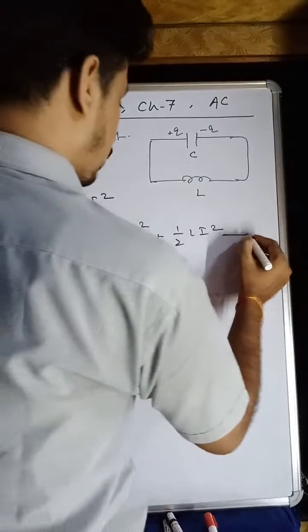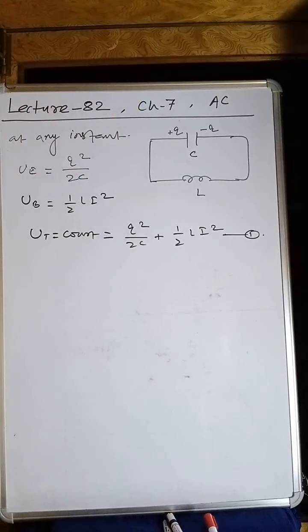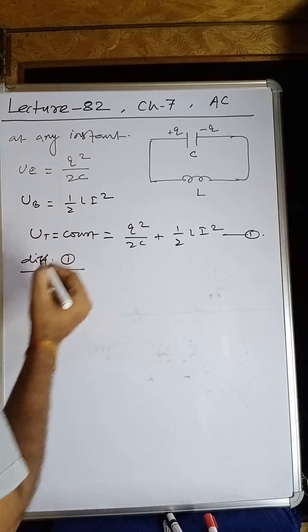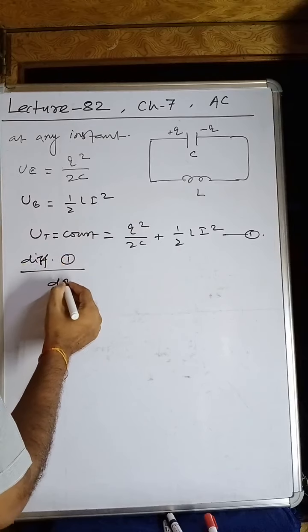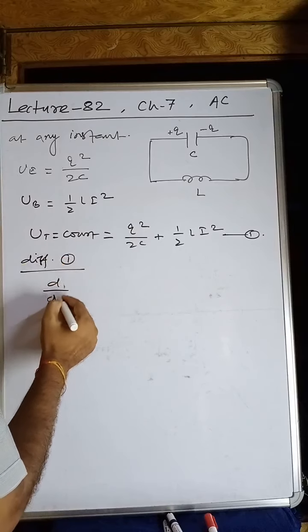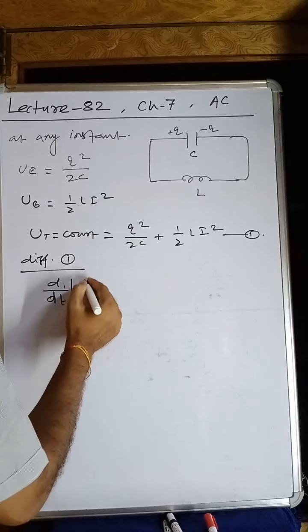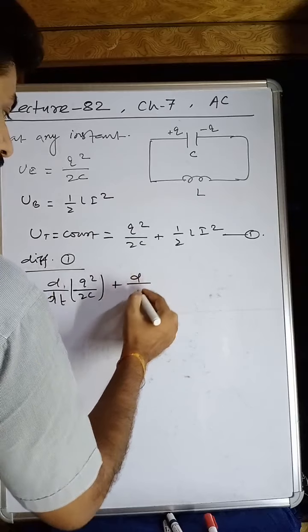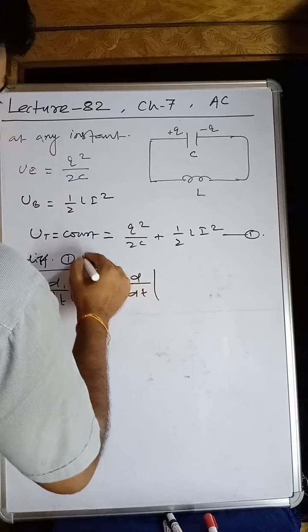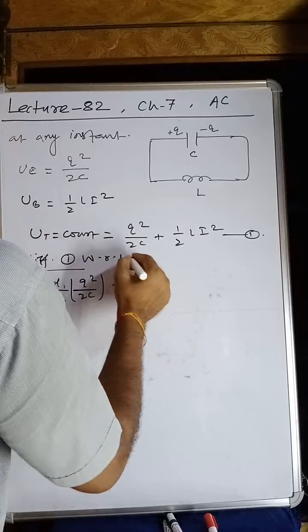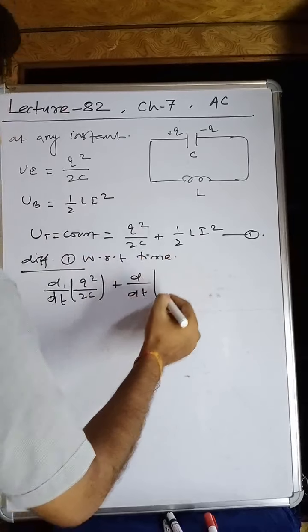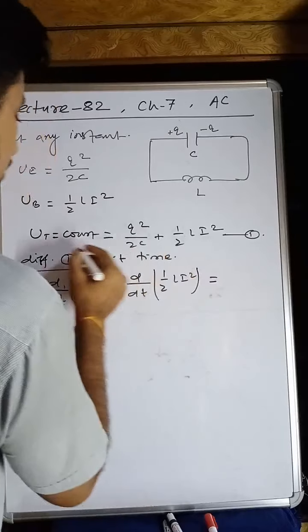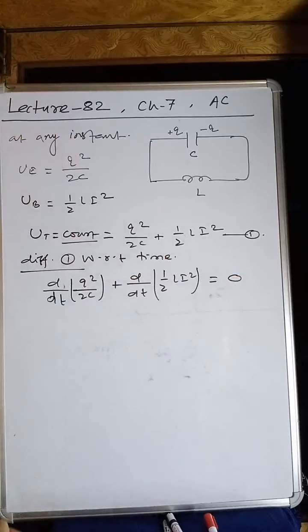Alright, my dear students, if we differentiate this equation with respect to time, we find d over dt of Q square over 2C plus d over dt of half L i square, and the constant will differentiate to 0.